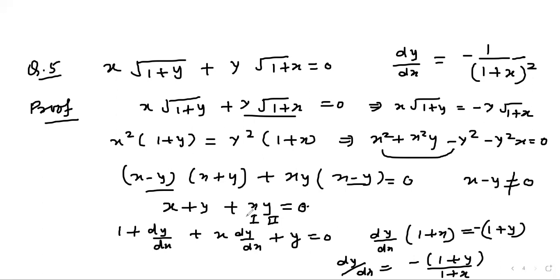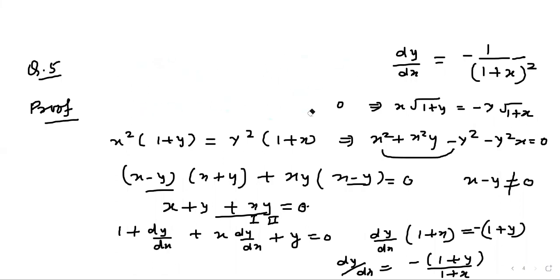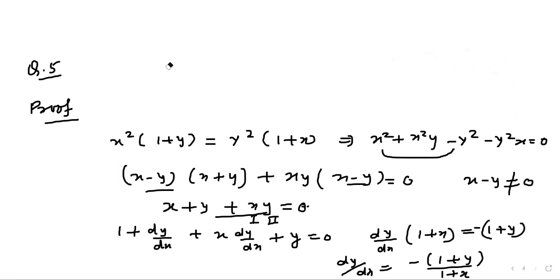Now, what we can do? We can get the value of y from here, or directly 1 plus y. So let's see. We are given x plus y plus xy equal to 0, and our purpose is to get y.